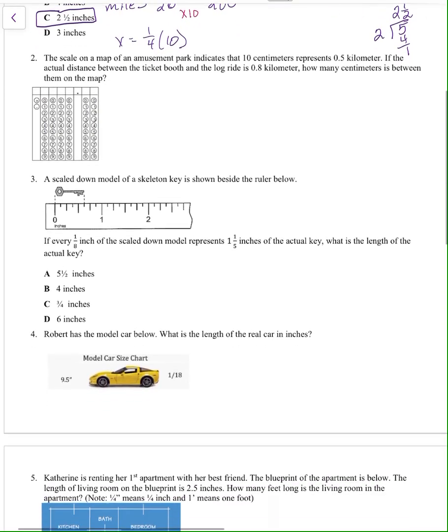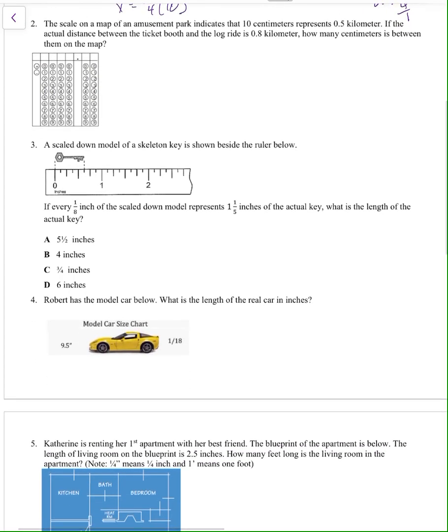All right, number 2. Scale on the map of an amusement park indicates that 10 centimeters represents a half a kilometer. If the actual distance between the ticket booth and the log ride is 8/10 kilometers, how many centimeters is between them on the map?